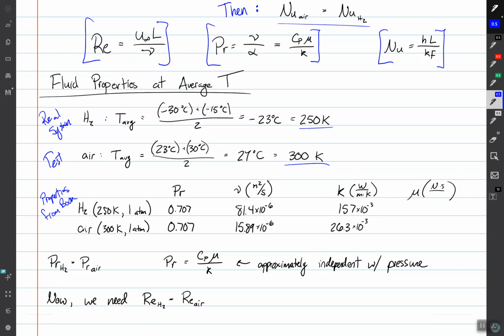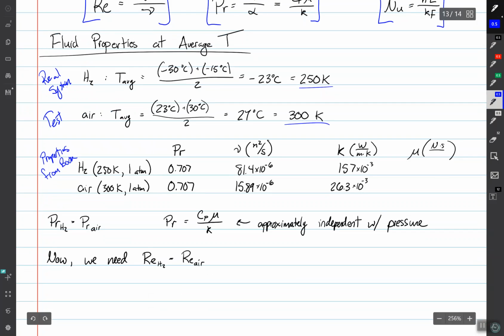Lo and behold, our Prandtl numbers are the same. The good thing is we chose fluids and conditions where we have approximately equal Prandtl numbers. The Prandtl number of hydrogen is equal to the Prandtl number of air.